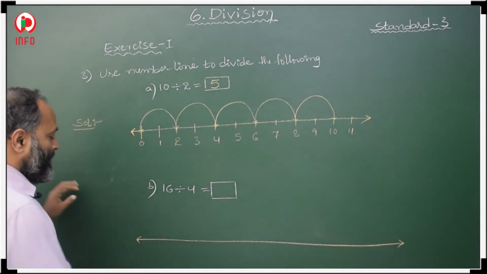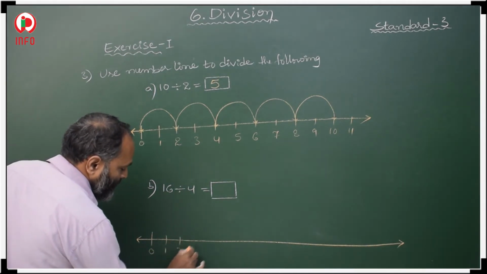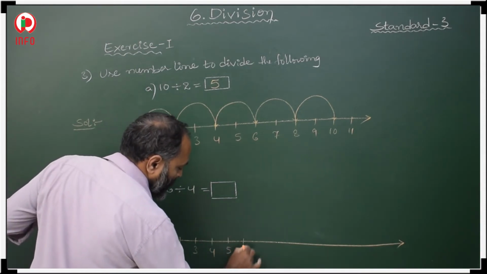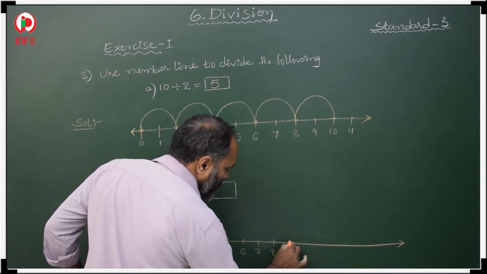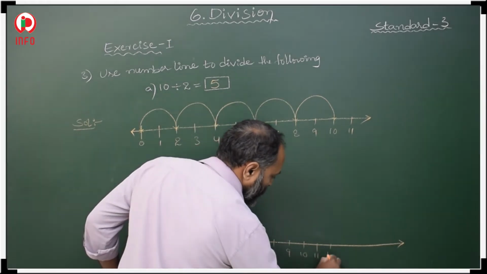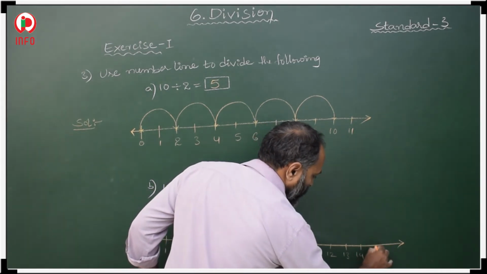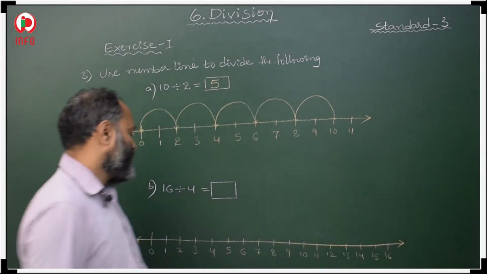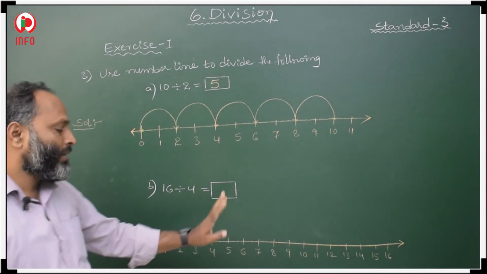From 0. 0, 1, 2, 3, 4, 5, 6, 7, 8, 9, 10, 11, 12, 13, 14, 15, 16. From 0 to 16, we have to write the numbers on the number line.